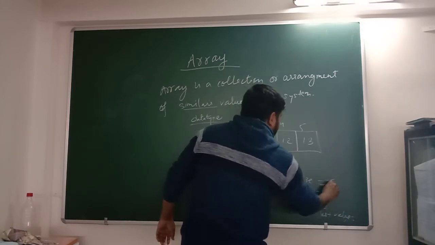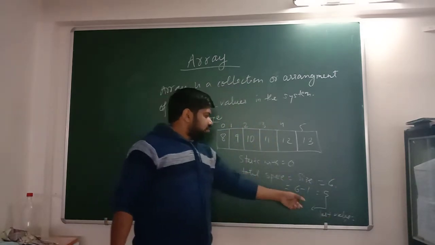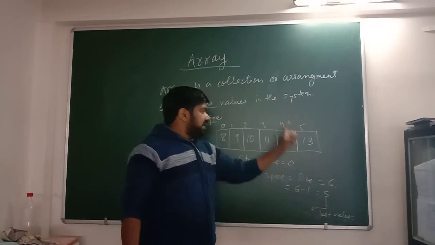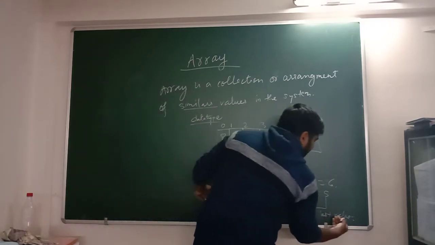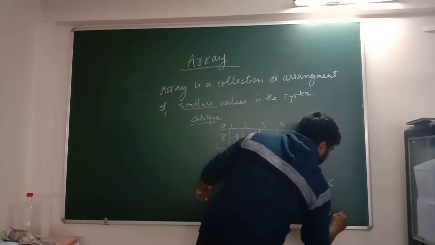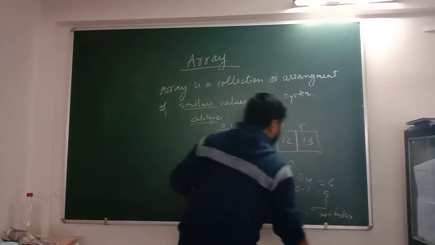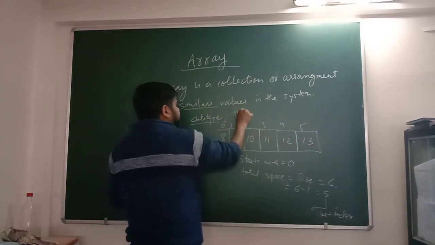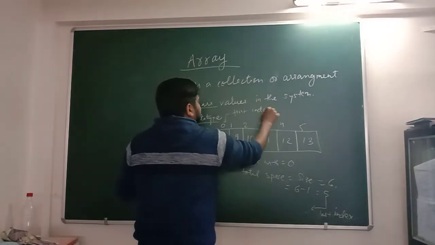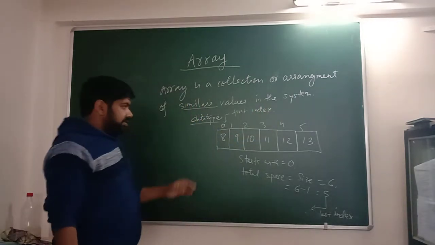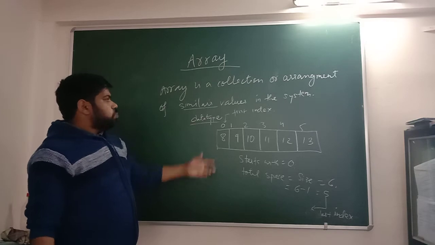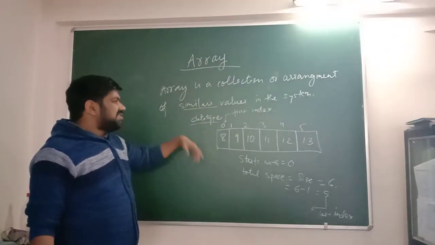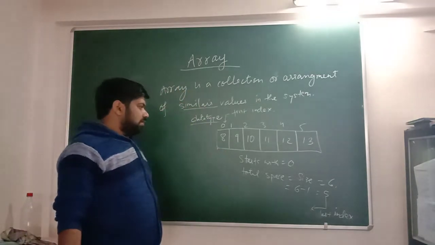And this is known as the first index. So this way an array is described or defined in a computer system.